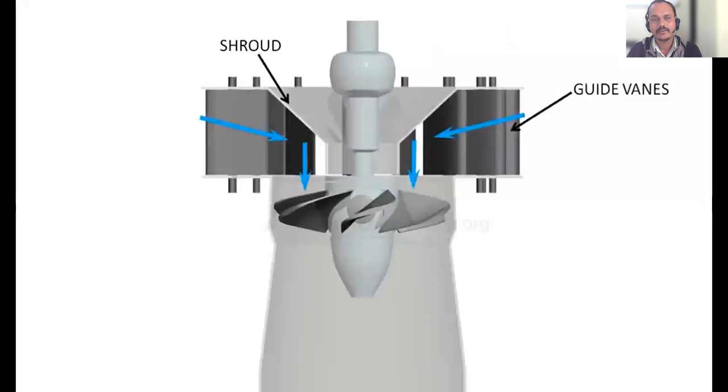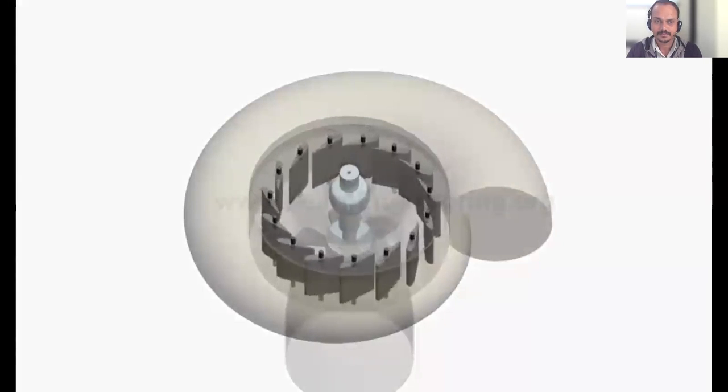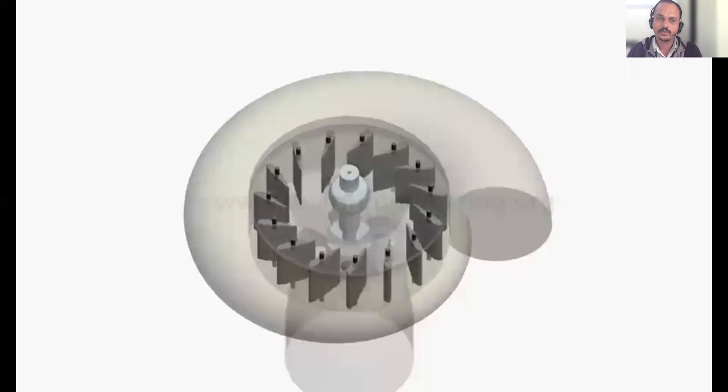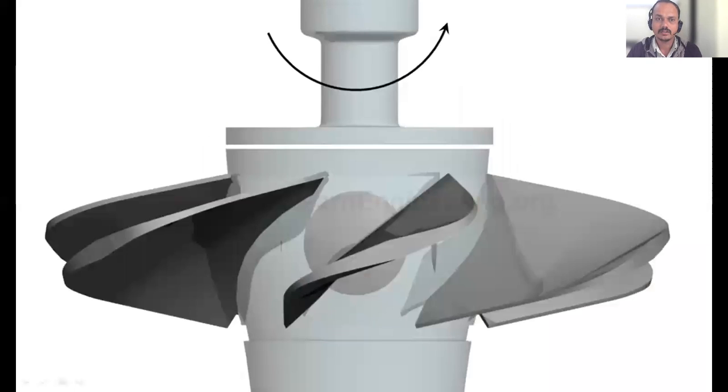So these are the guide vanes which guide the water towards the turbine. When the water flow is less, at that time, by adjustment of the guide vanes, we can supply water to the turbine.